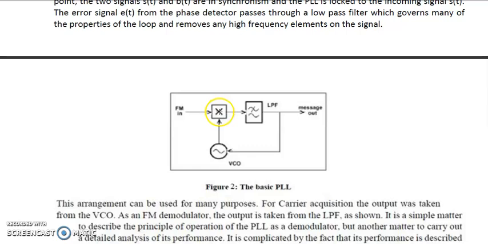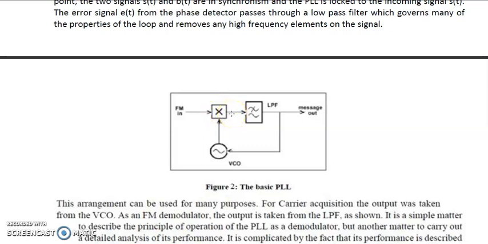Phase detector means this block has two inputs. One is the frequency modulated input signal and another is the feedback signal from the output side. If both signals have a phase difference, that error, that difference, will be the output of this phase detector.